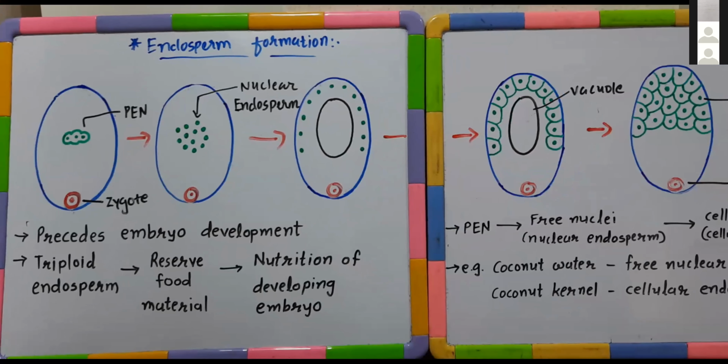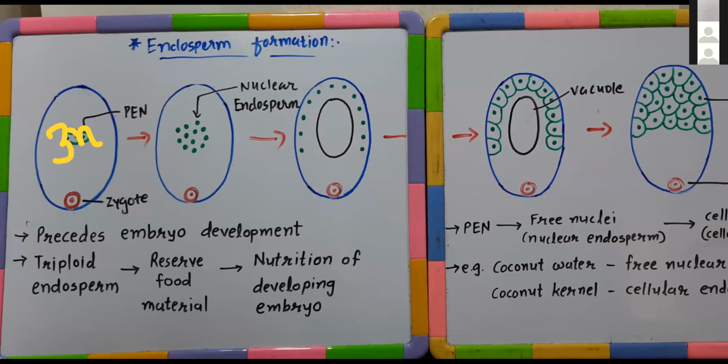Now the process goes on in this manner. Before I go in detail, let me tell you that when an endosperm tissue is formed, because this cell was triploid, each cell in the endosperm tissue is also triploid. So it's a triploid endosperm.